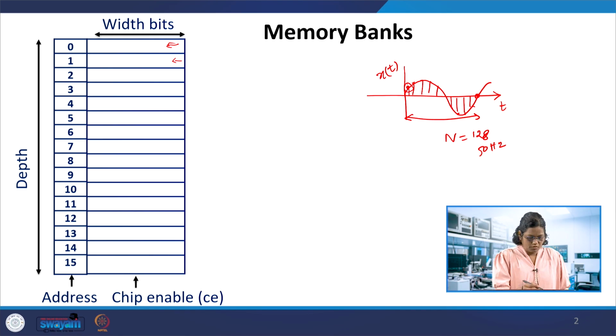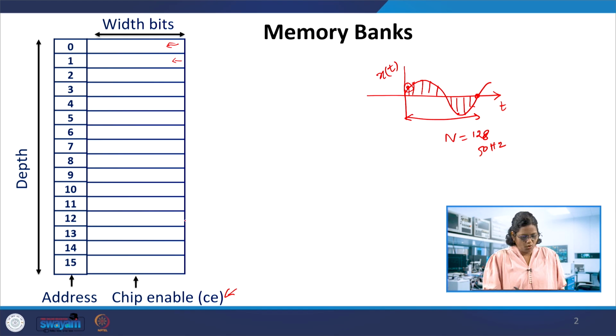So the depth and width are here, as well as the chip enable. Suppose you would like to have all 128 values, then you keep them, or instead of having one memory, we can separate it. For example, this is 0 to 15, and 4 memories of equal size can be made from this one, and we are going to see an example of how this can be done instead of having one memory.